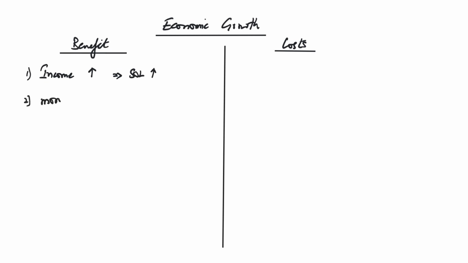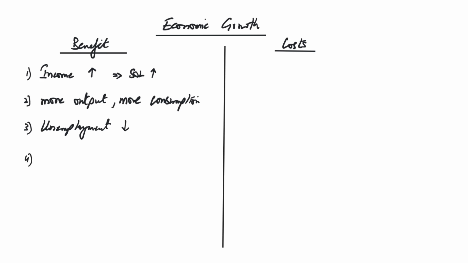Number two, more output, more consumption. Number three, unemployment will fall down. That's a good thing for the economy.